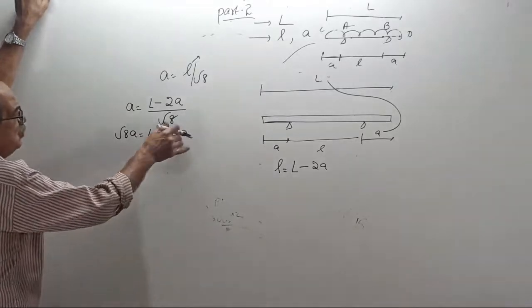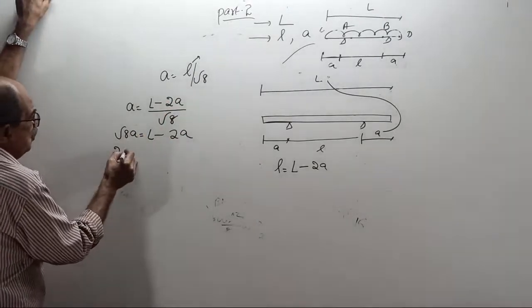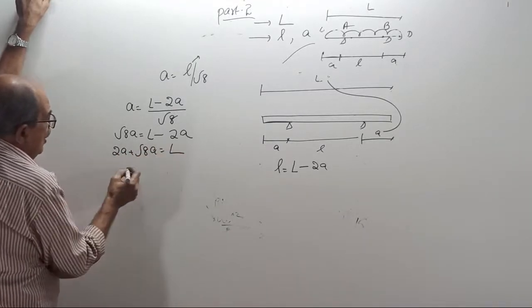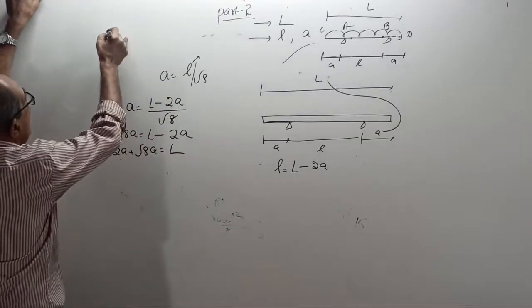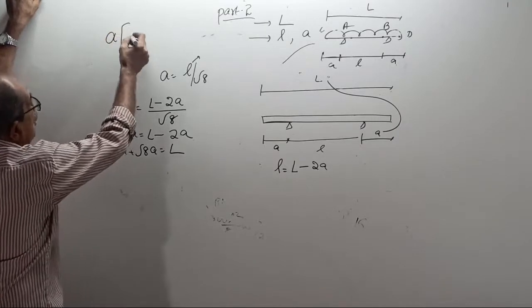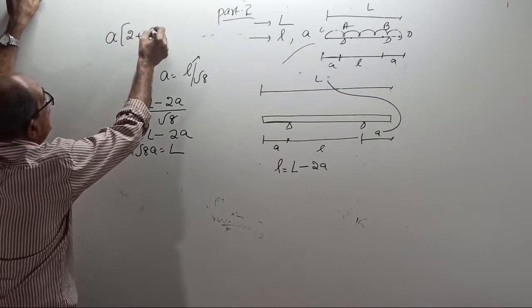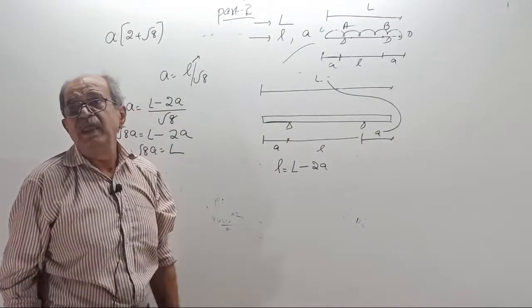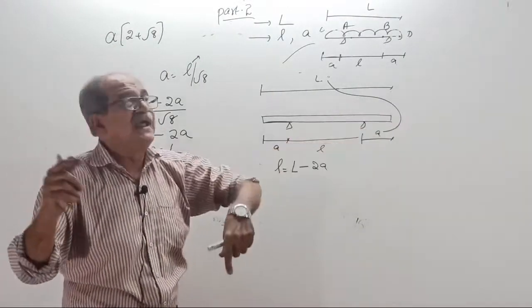Or, the 2A, bring it to this side. 2A plus root 8 A should be L, or A into (2 plus root 8) equal to L. Remember, one magic number, extra 2. Why? Two overhangs are there. Remember that way.